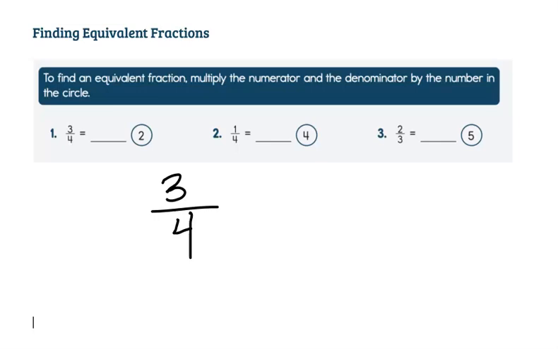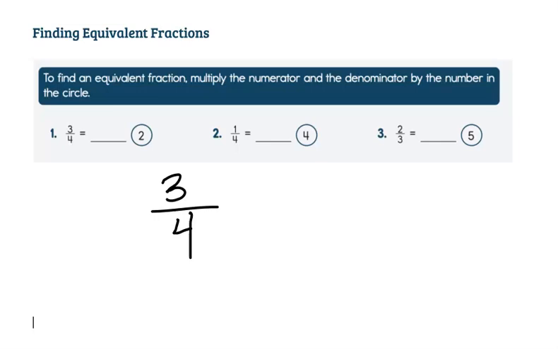Okay? Simple as that. Let me say that again. Whenever you want to find an equivalent fraction, you simply need to multiply or divide the numerator and the denominator by the same number. Okay?